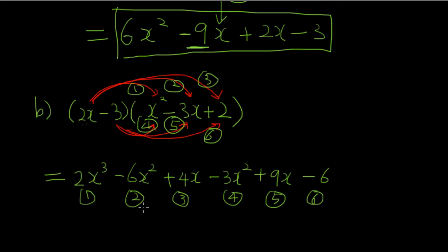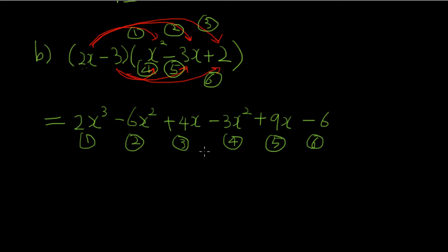Now, we are not quite done yet because we can still combine a few things. If you take a look at this, a couple of these are like terms. So which ones are the like terms? You get it right. This and this, they are both x squared terms, and these are the like terms, both x terms. So this one, 2x to the third, does not have like terms.